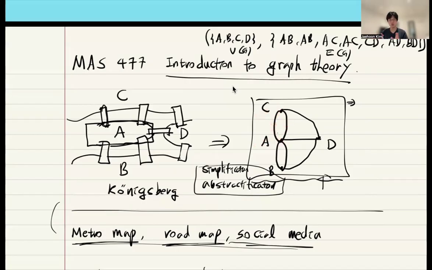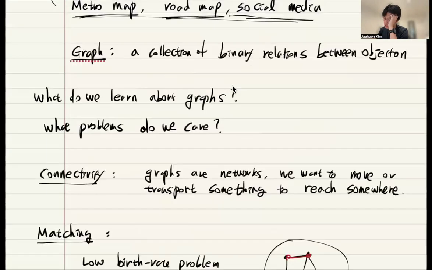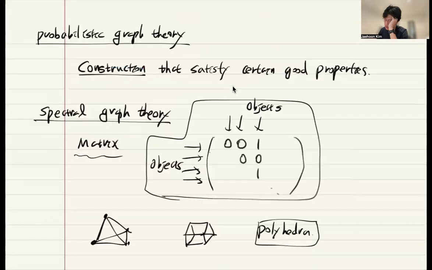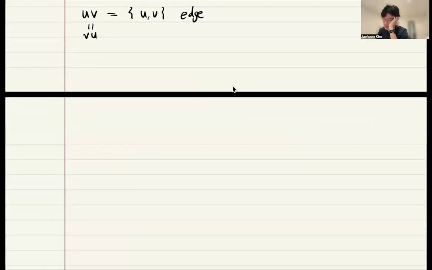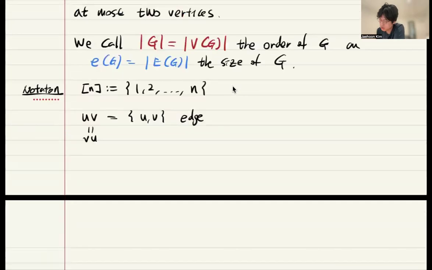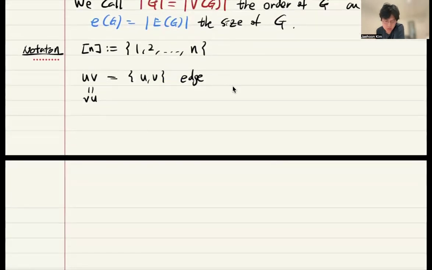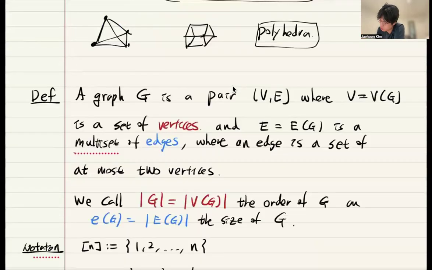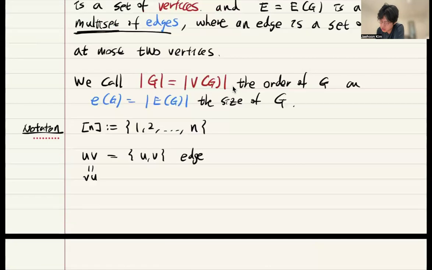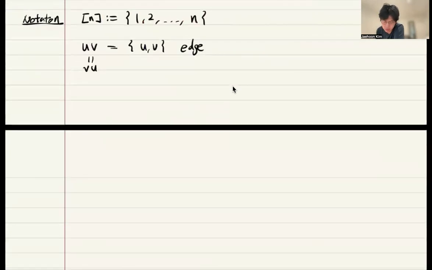Again, having two edges or one edge makes no difference. So in many natural situations, those do not really matter. Having multiple edges between them can happen, which is why we define it as a multiset of edges, but for many situations those are redundant information.